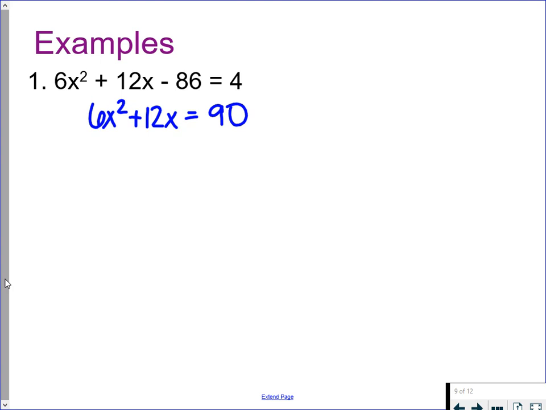Okay, so looking at the left-hand side, what's the greatest common factor? 6. 6 goes into 6 and it goes into 12. So what if we factored out a 6?